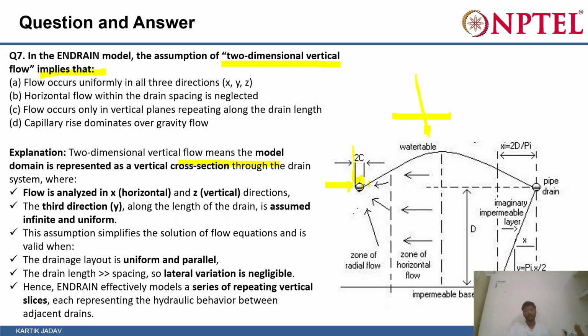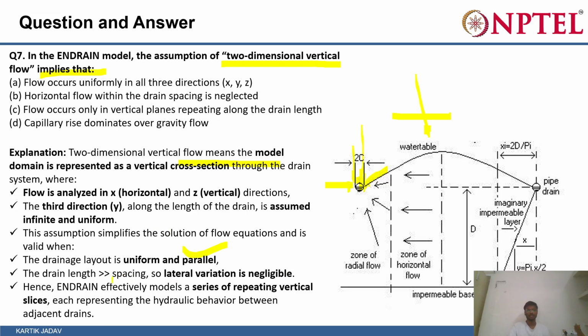Suppose you installed this, so assume this is like 2D. That's why it is not visible. But the direction along the pipe, along the length of the land, is uniform and does not change much. This assumption simplifies the solution of flow equations and is valid when drainage is laid out uniform and parallel.